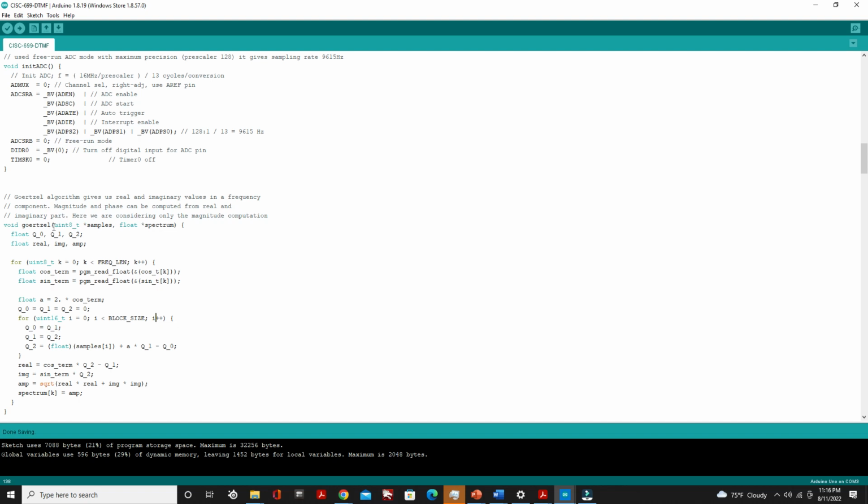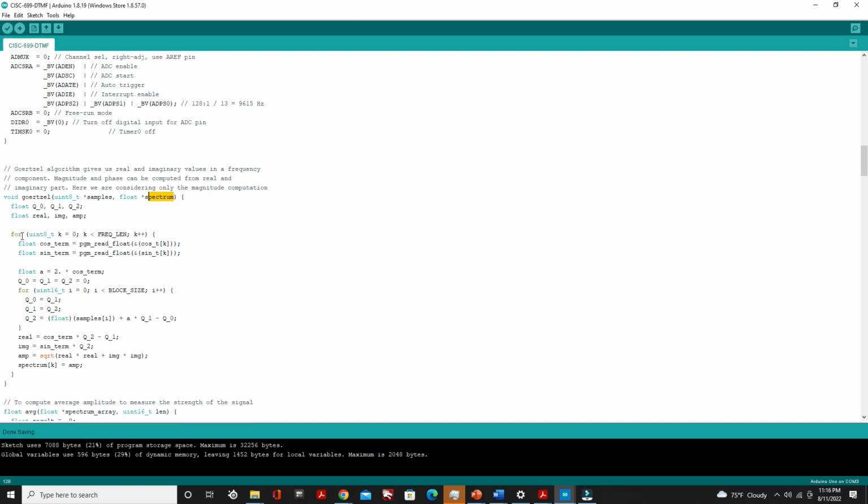The variables I'm inputting to the Goertzel function are the samples and the spectrum. Spectrum is the input which I captured through the A to D conversion.